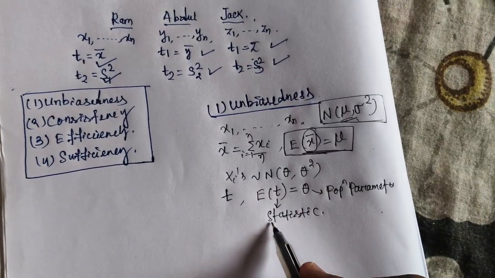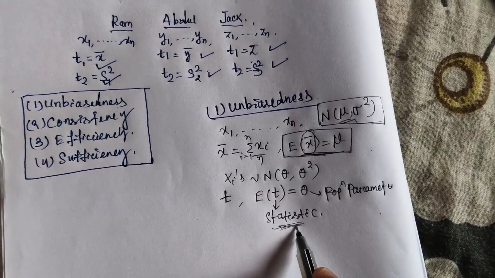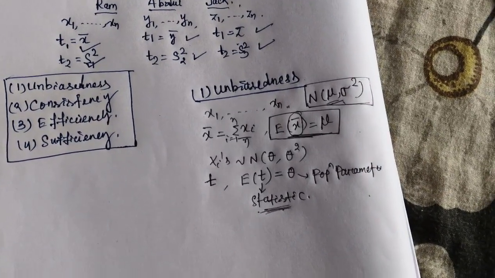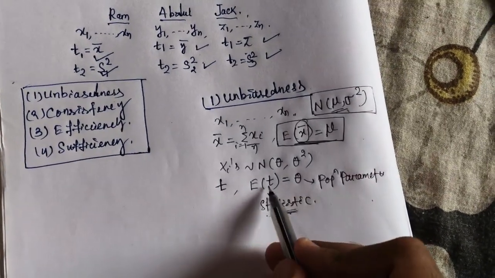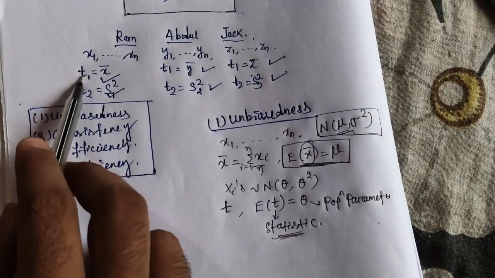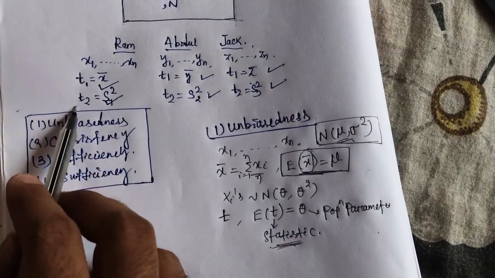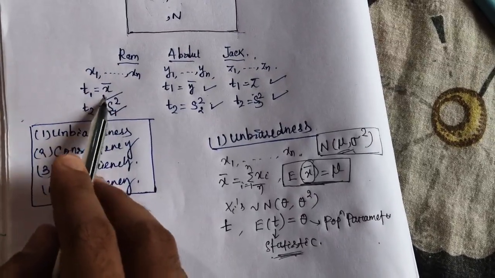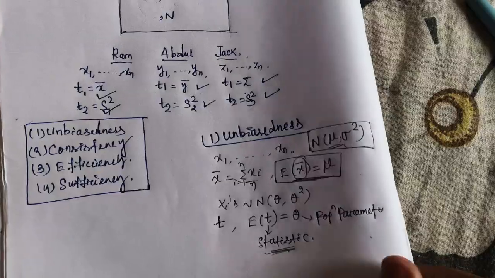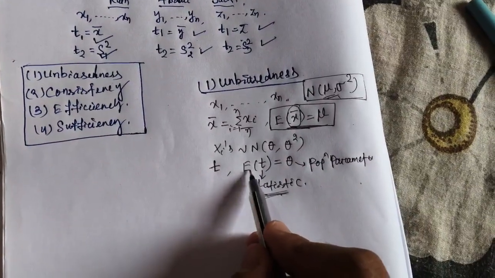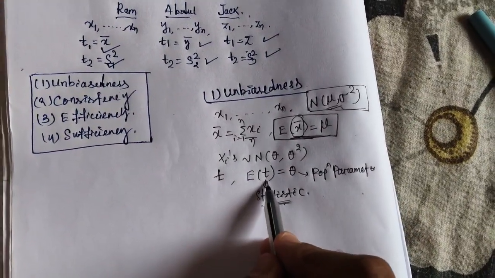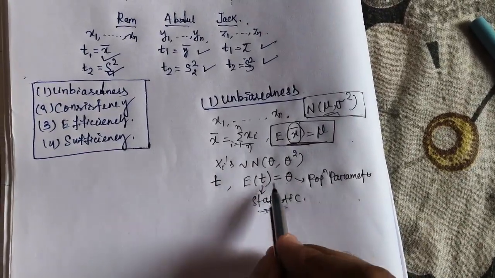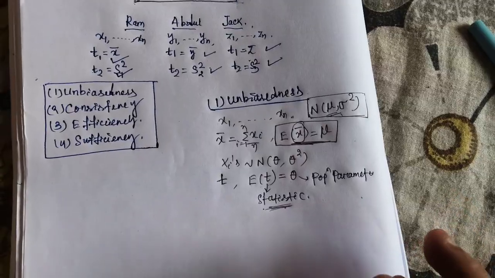If you don't know what a statistic is, you can check the lecture I have given, the link is in the description. Basically here I have taken t1 as x bar, t2 as s1 square. So any function of these samples is a statistic. If the expected value of the sample statistic gives the parameter value, this estimator will follow the unbiasedness property.